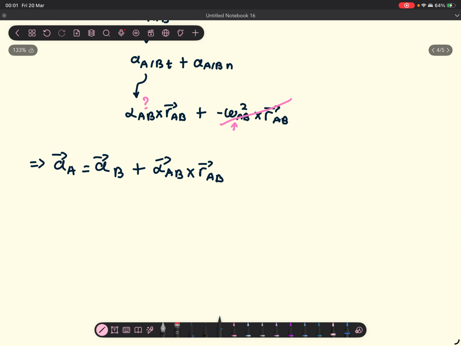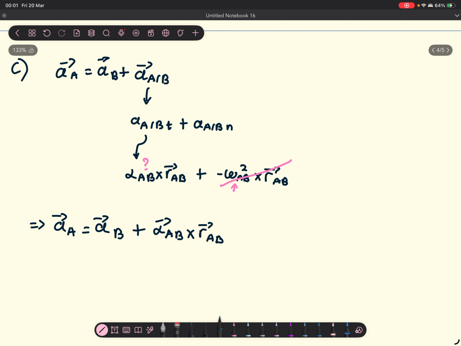Hope that makes sense. And hopefully now you can see why we need to figure out what acceleration of A is and what the acceleration of B is. Once we can find those two accelerations, we can solve for alpha AB. Okay, cool.